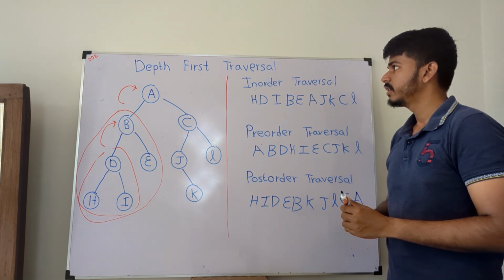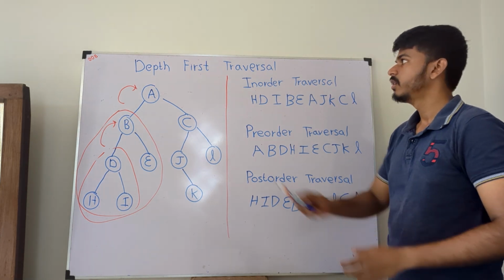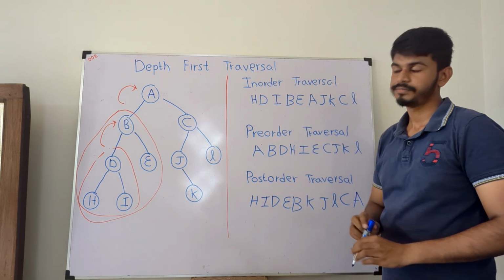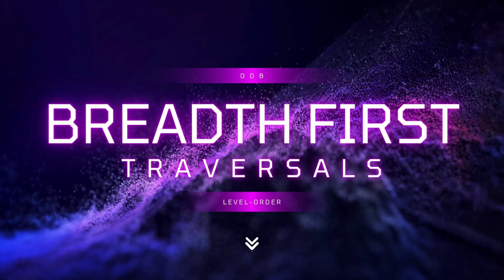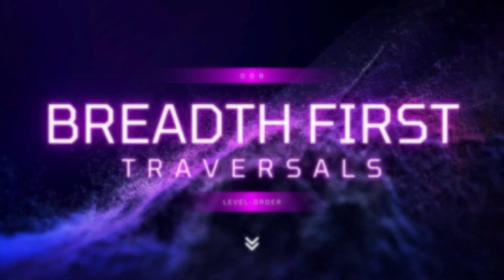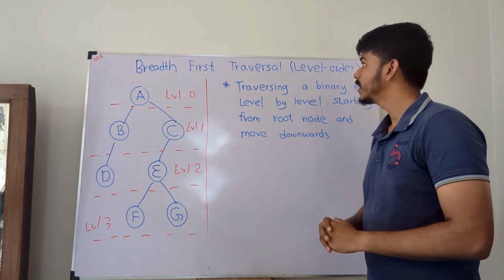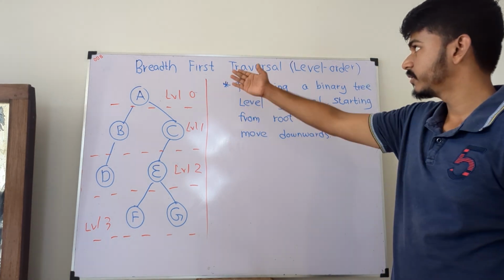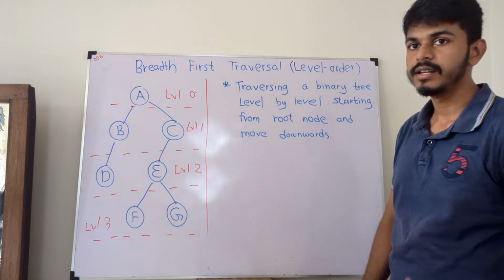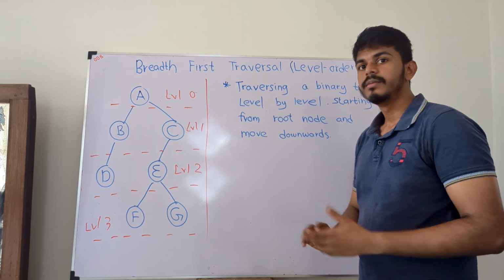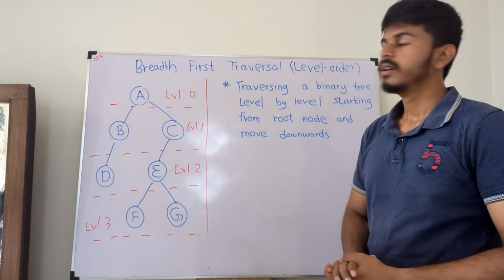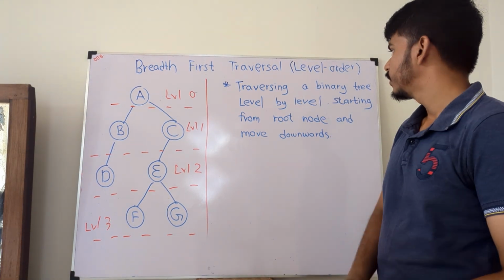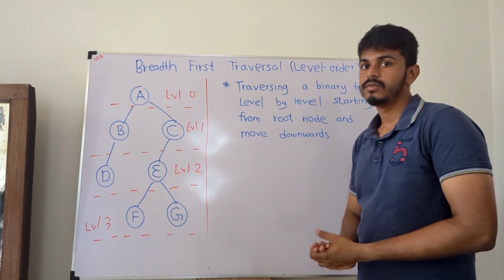So after that, we are going to be moving into breadth first traversal. Now we are going to be looking at breadth first traversal, also known as level order traversal. The breadth first traversal is the method of traversing a binary tree level by level, starting from the root node and moving downwards.